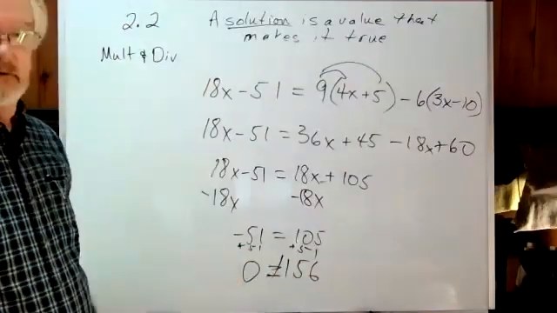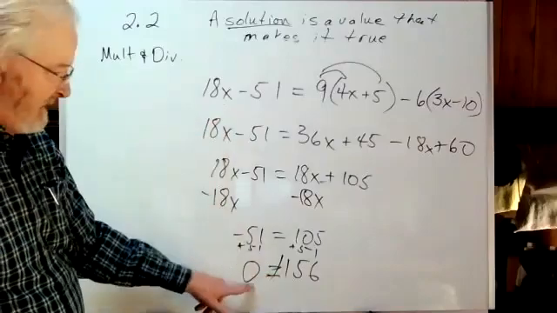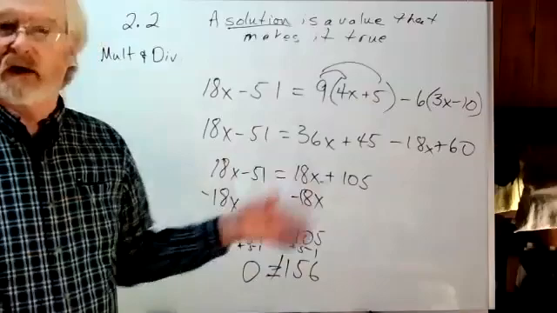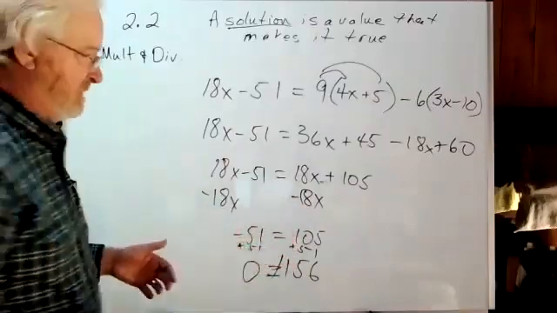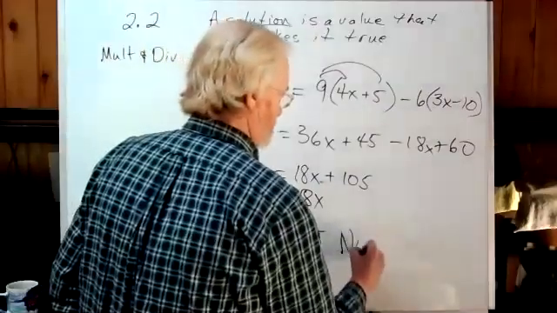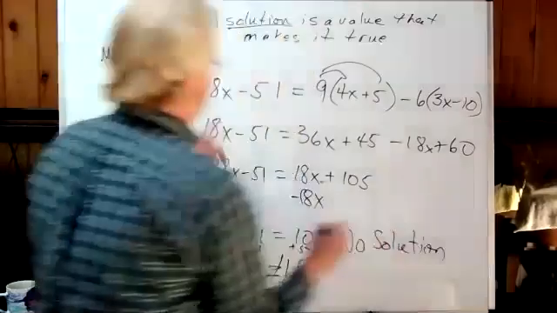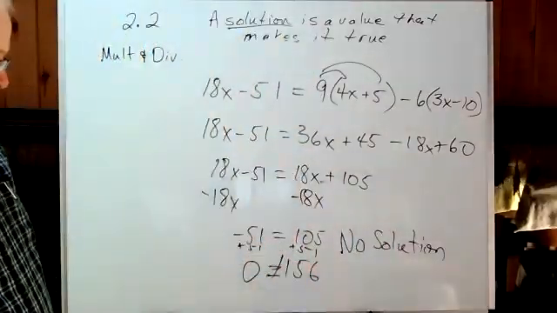What this is saying is the x's are gone and it's always false. No matter what number you would have chosen for x, it would not work. There is no solution to this problem. There's no number that I could have put in for x that would have made it true.